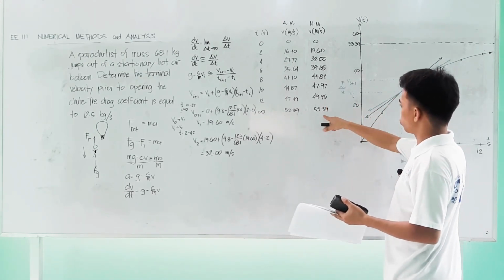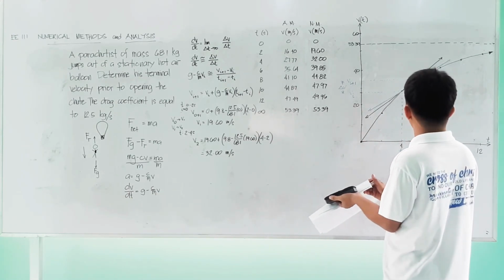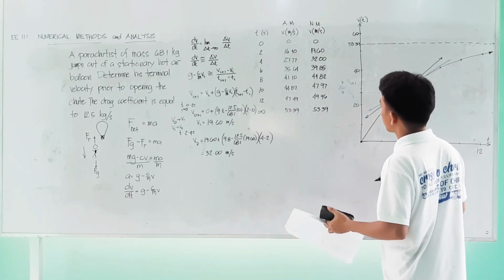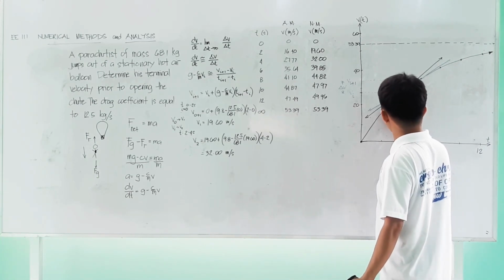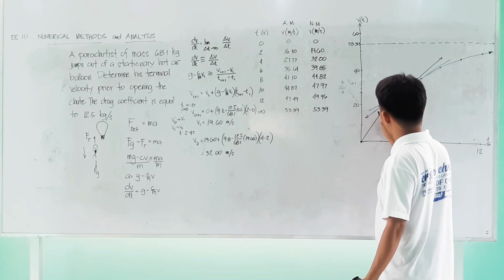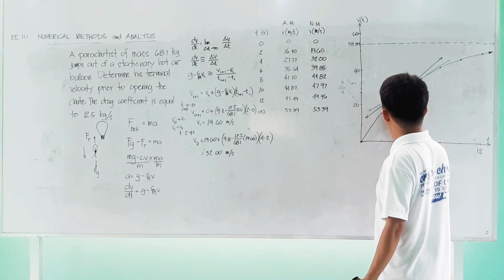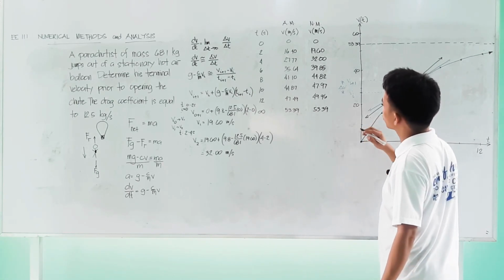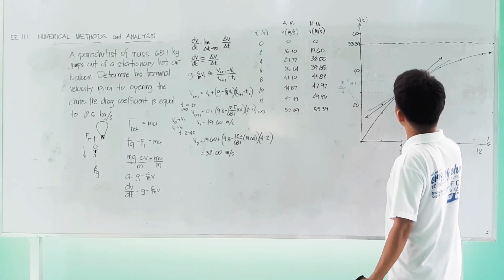Now let's try to graph that. At 2 it's 19.6. It's here. 15, 17 over here. At 4 it's 32.